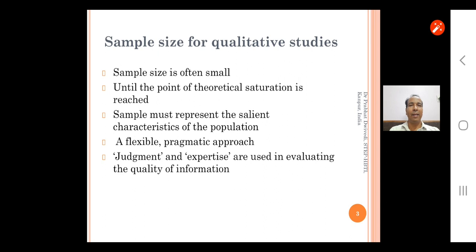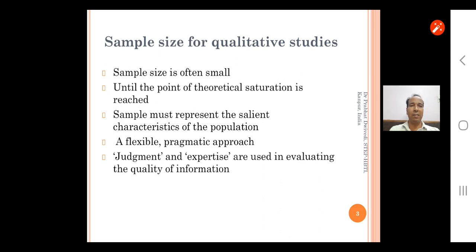First one is the nature of the study. For example, when the study is qualitative in nature, what would be the determinants which would decide the size of the sample? Generally speaking, in qualitative studies, the size of the sample is small.